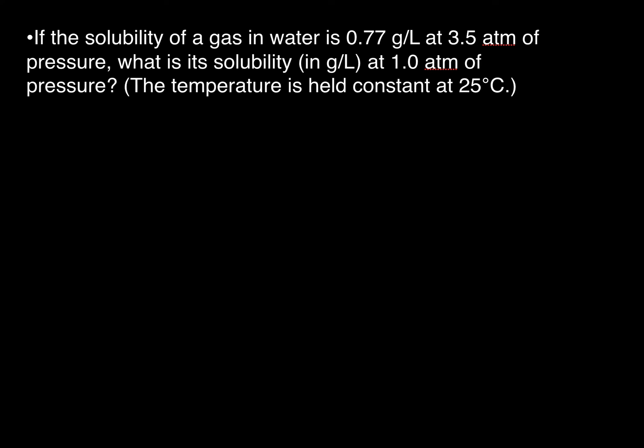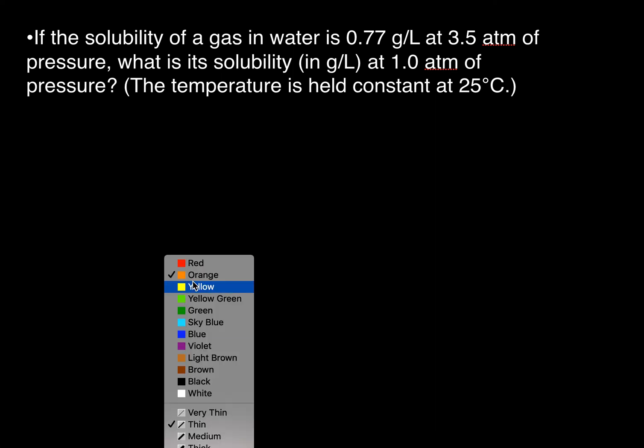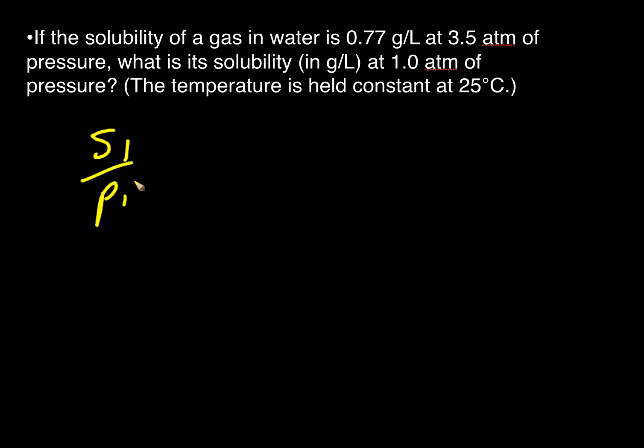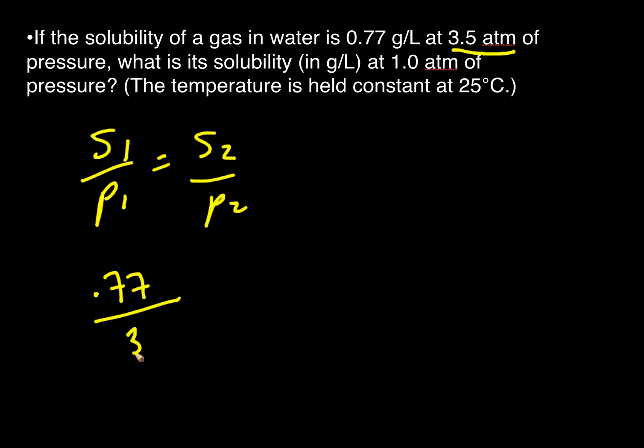First off, I'll write the equation so we can plug these numbers right in. So S1 over P1. The solubility of a gas in water is 0.77 grams per liter at 3.5 atm. What is the solubility, x, at 1 atm of pressure?